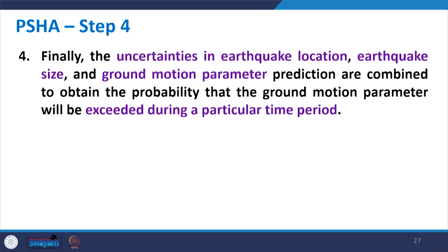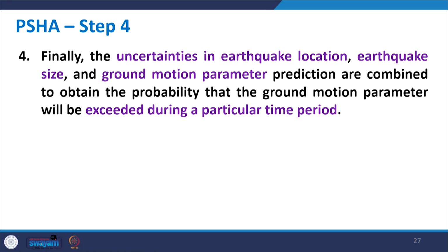The last step is like DSHA. Finally, the uncertainties in earthquake location, earthquake size and ground motion parameter predictions are combined to obtain the probability that the ground motion parameter will be exceeded during a particular time period.